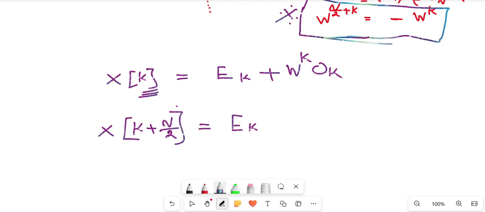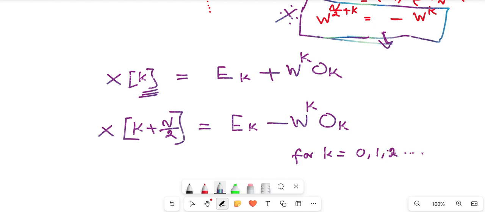because of this periodicity property, that is a symmetry property, you can write minus W_N^k into the odd function, for k equal to 0, 1, 2 up to N/2 minus 1.